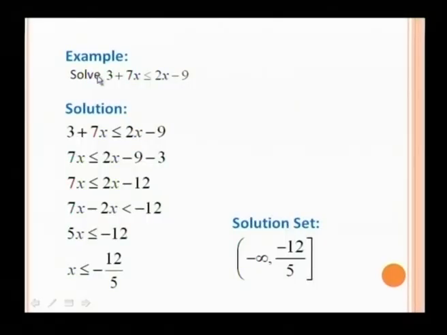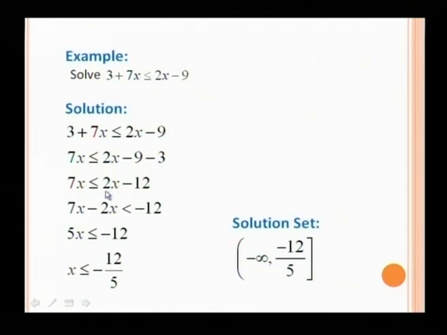If we have to solve 3 plus 7x less than or equal to 2x minus 9. For the solution of this inequality, the given statement is 3 plus 7x less than or equal to 2x minus 9. We have 7x less than or equal to 2x minus 9 minus 3.